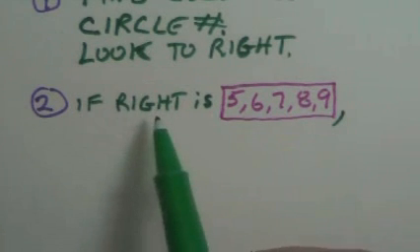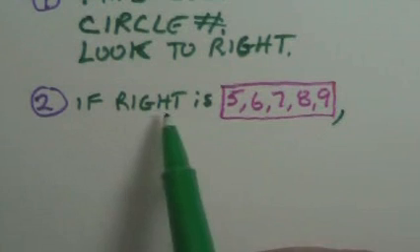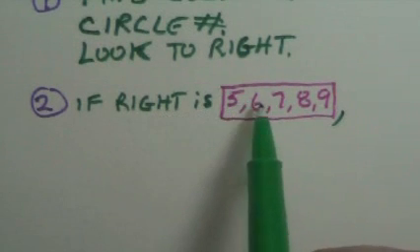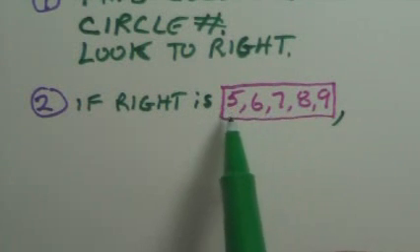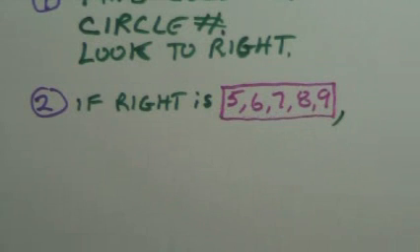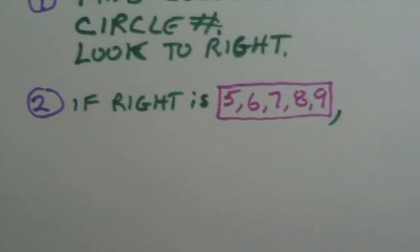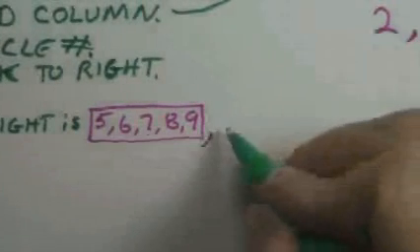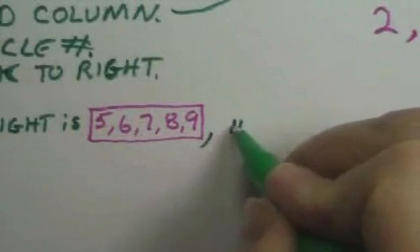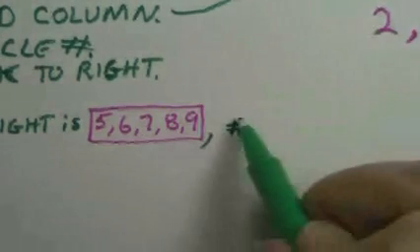Okay, so if the right number is 5 or more, 5, 6, 7, 8, or 9, then the circle number, I'm going to put a pound symbol, number.